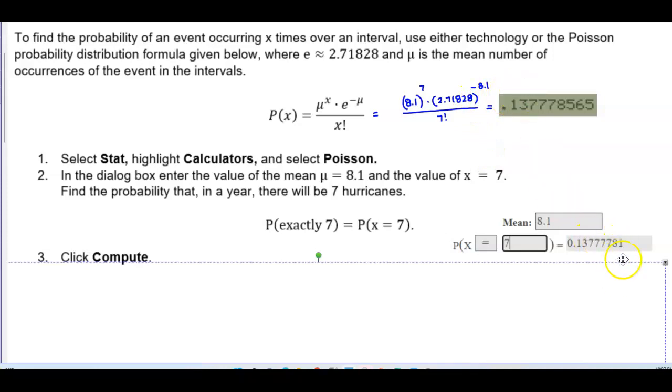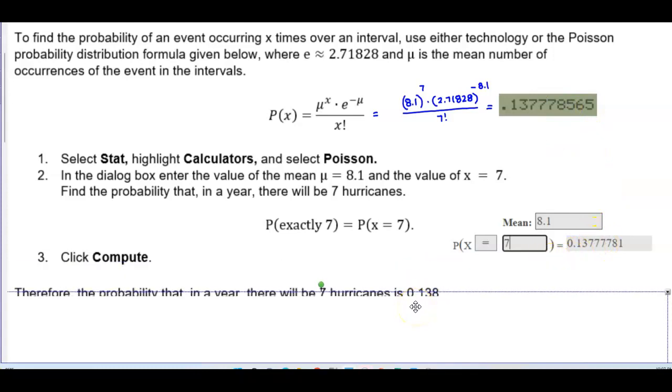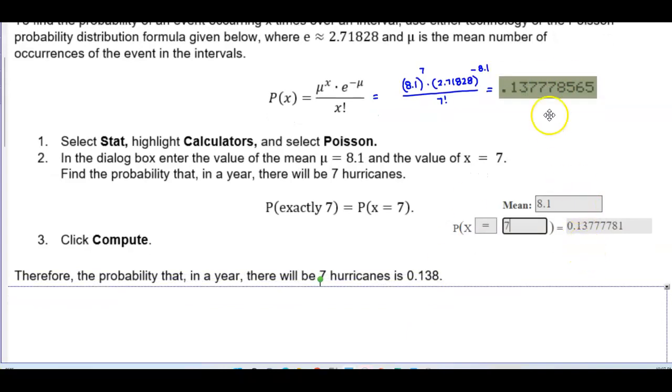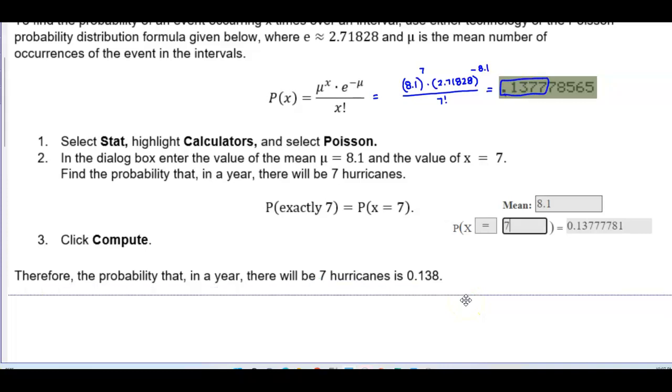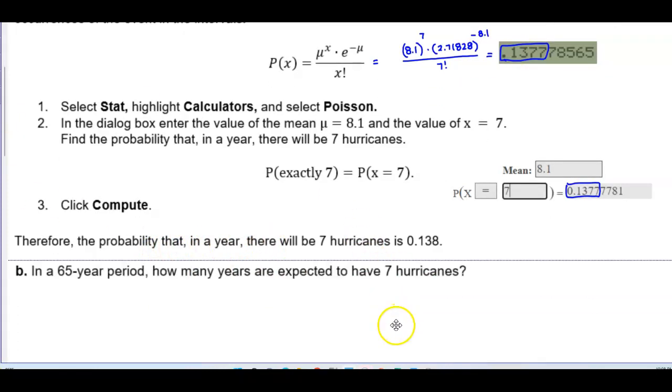So that's why this is going to be a more accurate number than this one. But even so, if we round both of those to 3 decimals, we end up getting 0.138. So therefore, the probability that in a year there will be 7 hurricanes is 0.138.